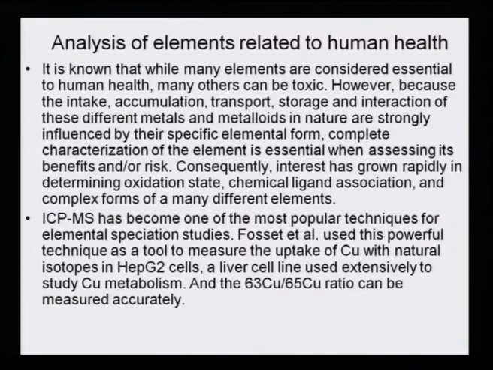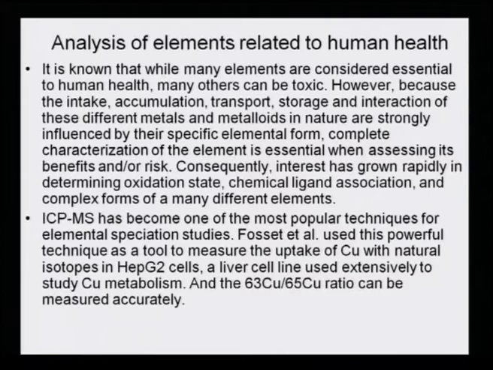However, because the intake, accumulation, transport, storage and interaction of these different metals and metalloids in nature are strongly influenced by their specific elemental form, complete characterization of the element is essential when assessing its benefit and its risk.